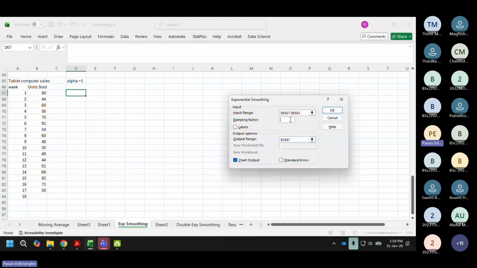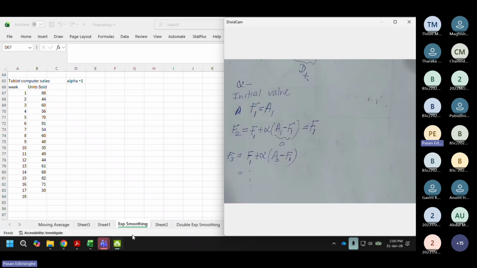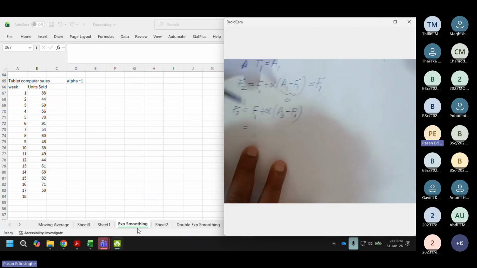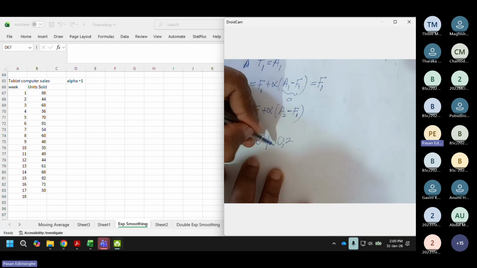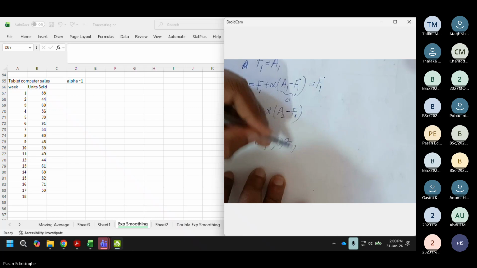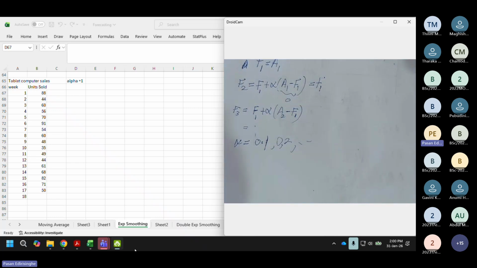And now I have to give the damping constant. Okay, I took alpha equal 1 there, right? But actually I'm going to start with alpha between 0 and 1. So I will take it as 0.1 and 0.2 and so on. So we can try different values for the alpha.